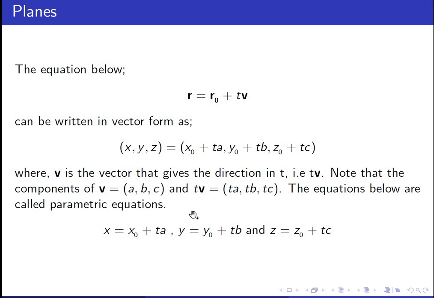And tv is just a multiple of it, which is ta, tb, and tc. So the equations below are called parametric equations. Obviously, the x component is given as x equals x0 plus ta, the y component is given as y equals y0 plus tb, and the z component is given as z equals z0 plus tc.